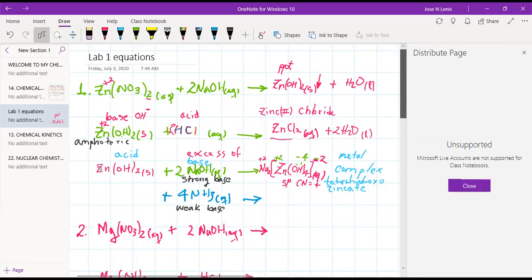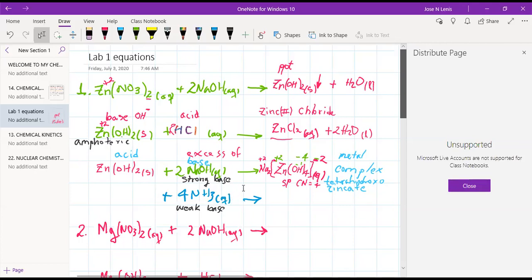So let's see what happens when we react the zinc(II) hydroxide with the weak base ammonia. It's aqueous. Ammonia, NH3, is actually a gas.